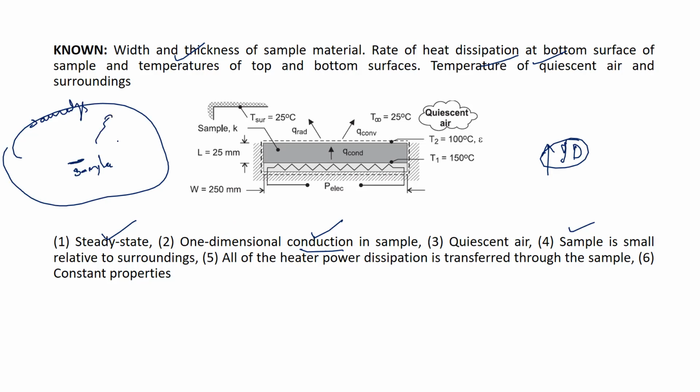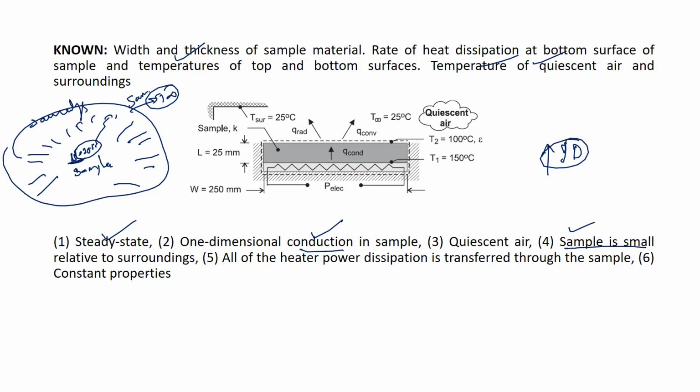So there will be equilibrium, or it will reach the steady state in a very fast manner. So there won't be much effect of this temperature change on the surroundings. Even if the temperature changes by maybe delta T equal to 200 degrees Celsius, that won't much affect the outside T infinity. That's the significance of this assumption.